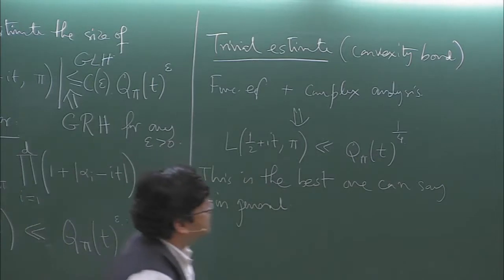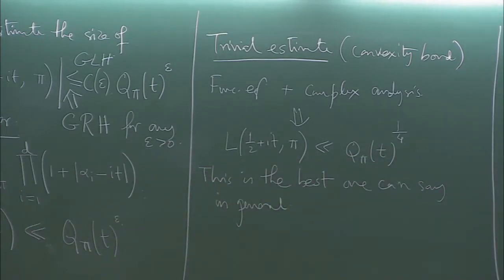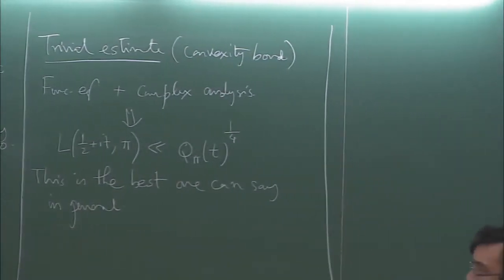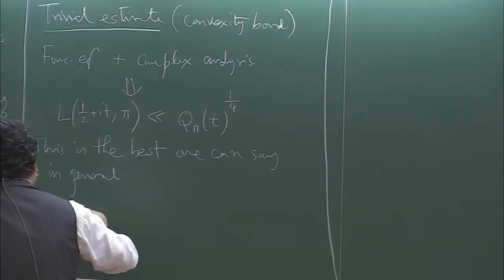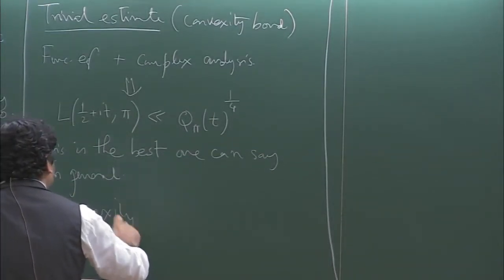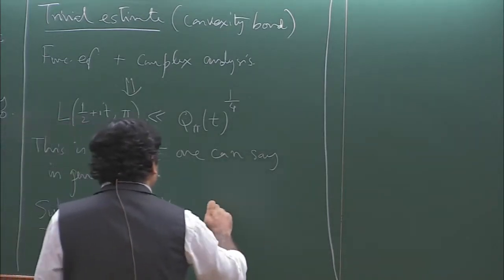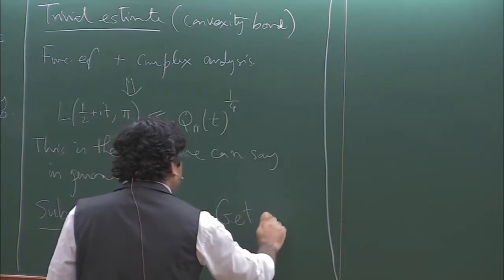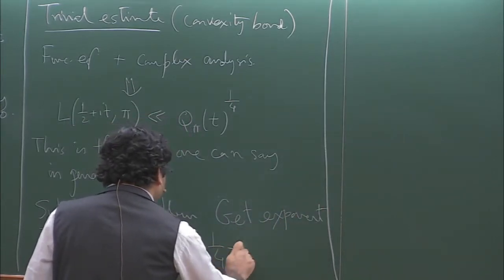And the subconvexity problem is just trying to get an exponent which is strictly smaller than 1/4, that is, 1/4 minus delta.